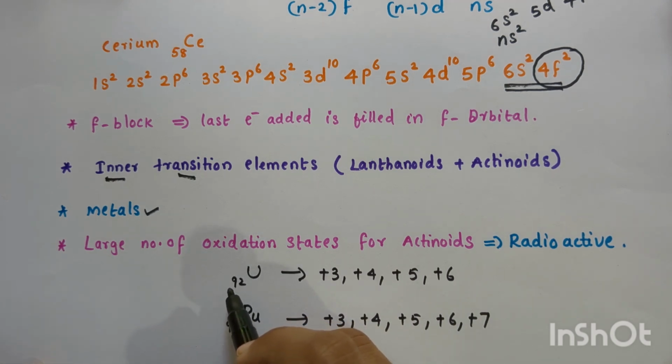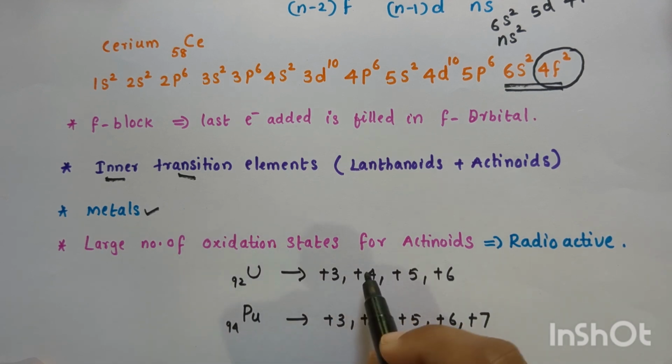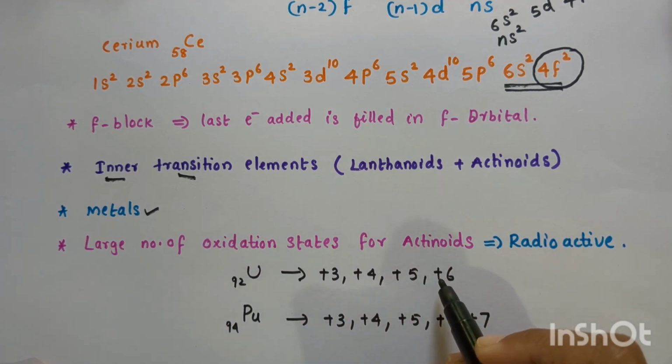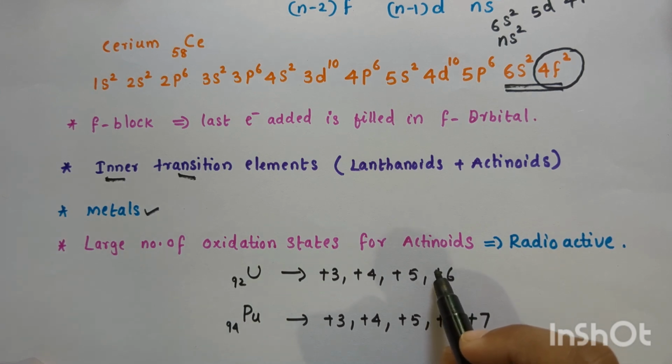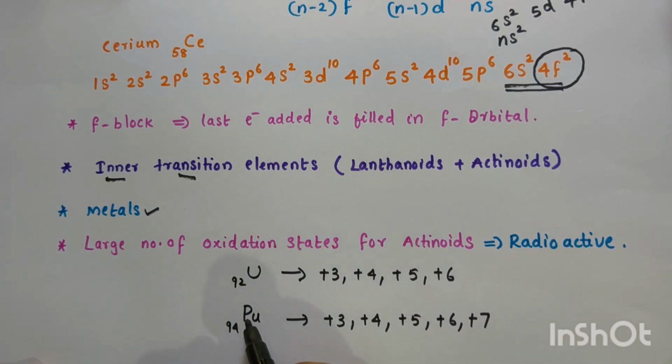The oxidation states possible for uranium are +3, +4, +5, +6. So the same element can have different oxidation states. Similarly, plutonium has oxidation states +3, +4, +5, +6, +7.